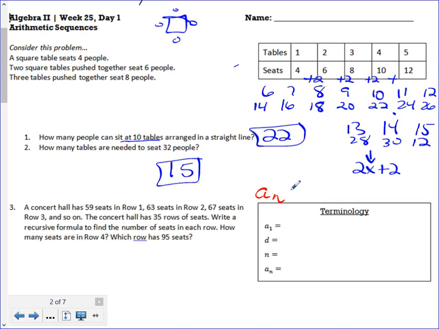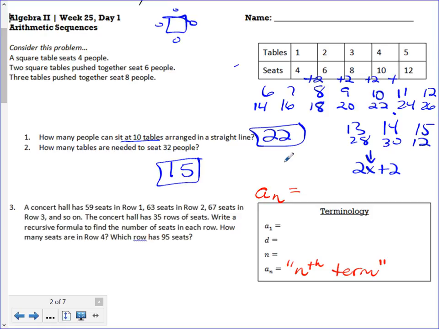The nth term is equal to. I said the nth term, so not the first term, not the second term or the third term, the nth term is equal to.